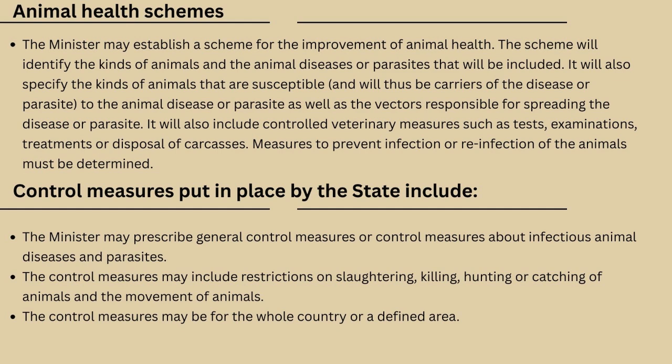Animal health schemes. The Minister may establish a scheme for the improvement of animal health. The scheme will identify the kinds of animals and the animal diseases or parasites that will be included. It will also specify the kinds of animals that are susceptible to the animal disease or parasite, and will thus be carriers, as well as the vectors responsible for spreading the disease or parasite.